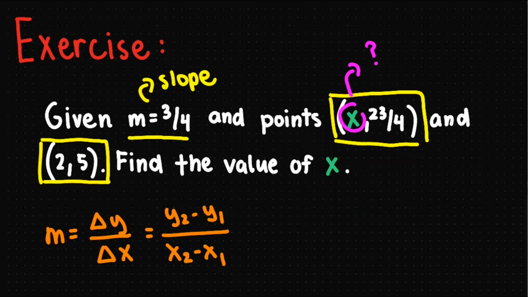But instead of finding m, we are given m. So this one is given. Our problem is to find the x. So this is our goal to find. So you will just be needing to use some linear equation skills in finding the value of x.